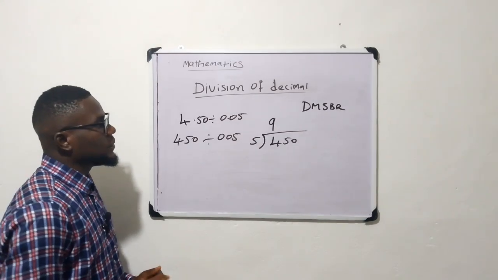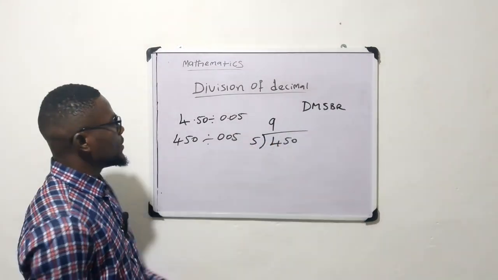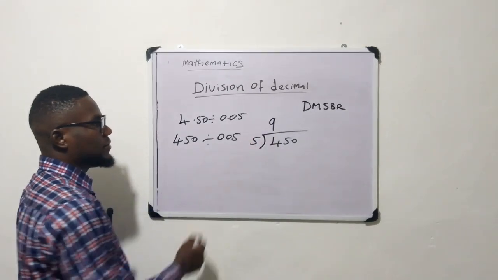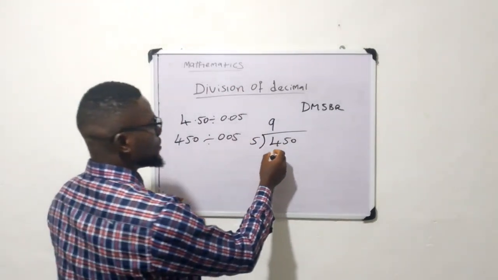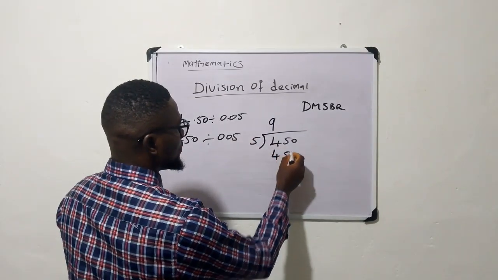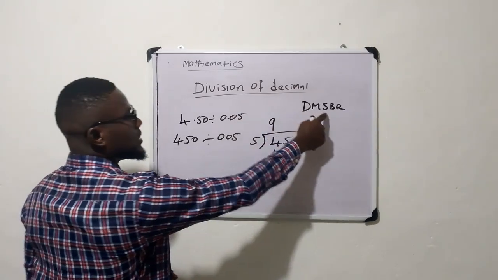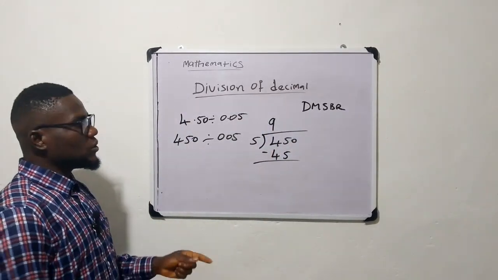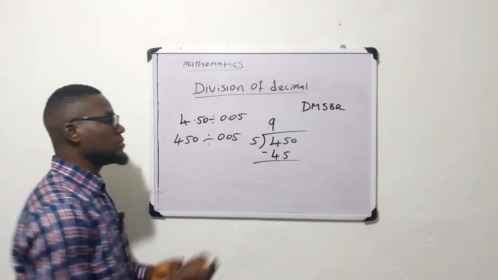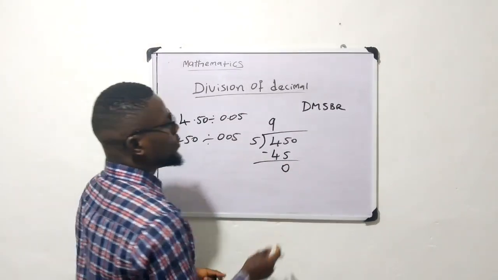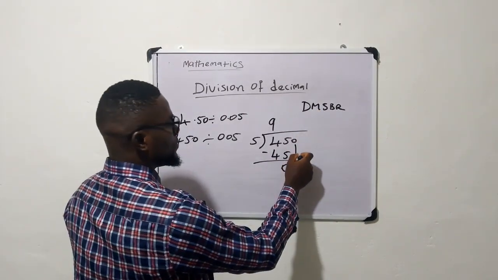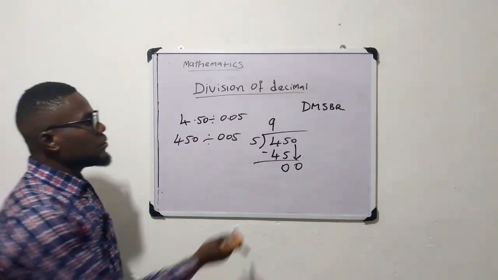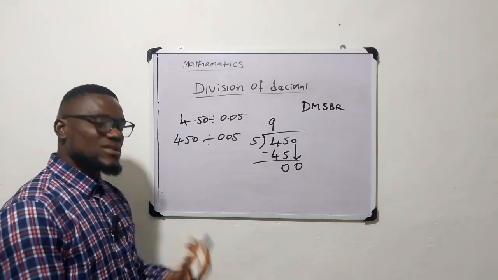Now we're done with division. Now we have to multiply: 5 times 9, you have 45. We're done with multiplication. Then subtraction. When you subtract 45 from 45, you have 0 left. We're done with subtraction. Now bring down. We want to bring down 0. Now we know that 0 plus 0 is also just 0.